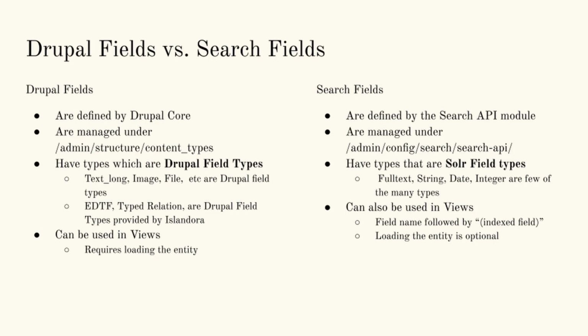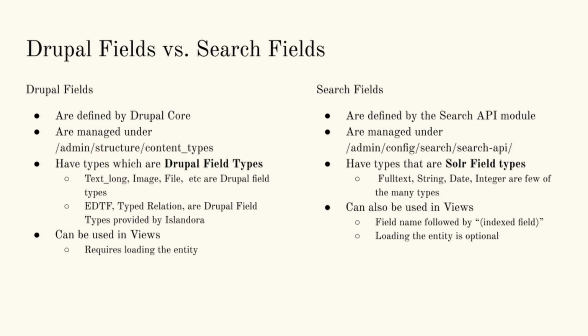And as I'm pretty sure you know, you can use views with all these Drupal fields. So pulling up your entity reference field, displaying the entity in some way, or fields on that entity or something. However, using it in views requires Drupal to load up the entity in order to get the data out. And when you're doing that at scale, it can be very heavy. So on the other hand, search fields are defined by the Search API module.